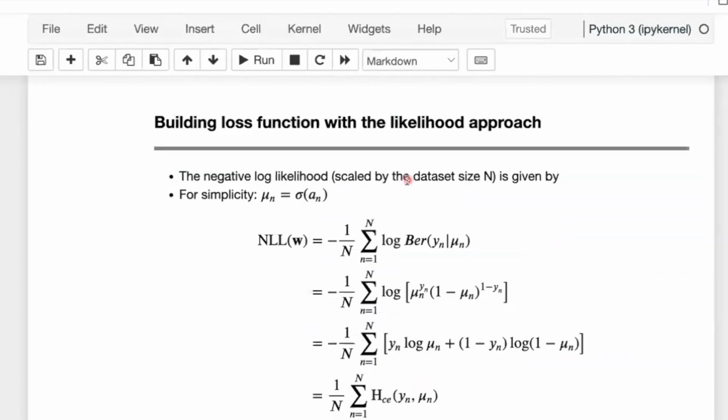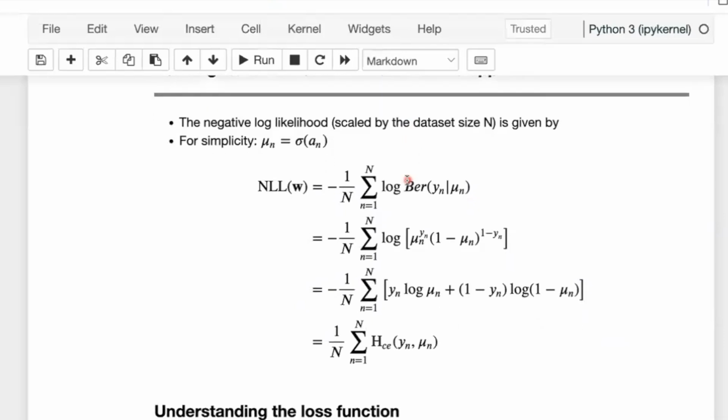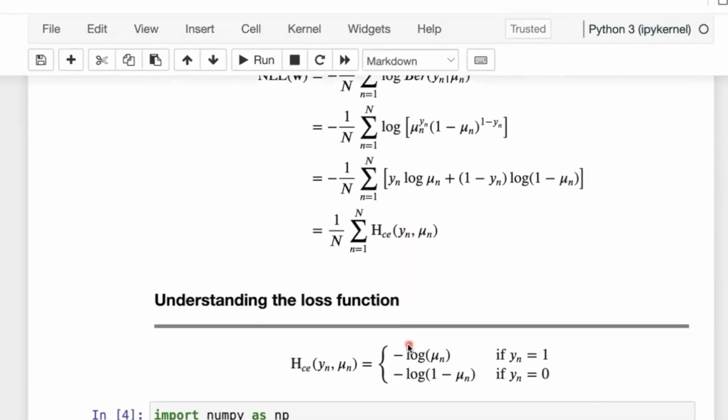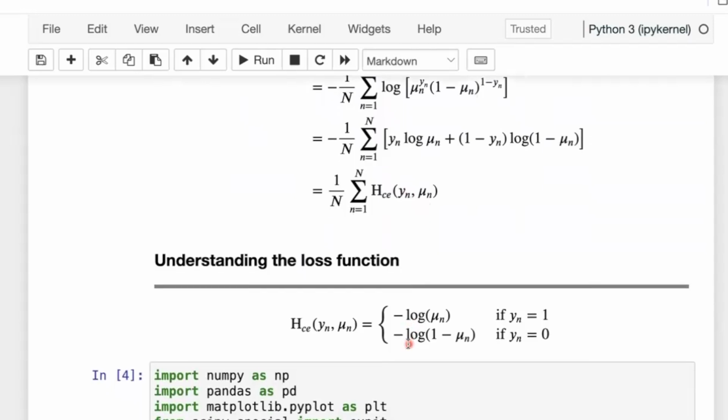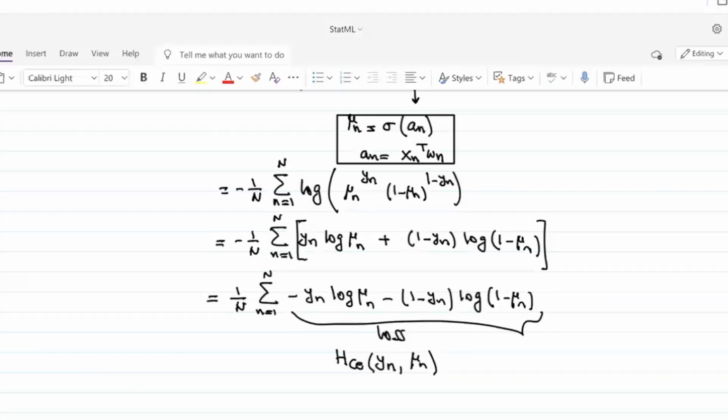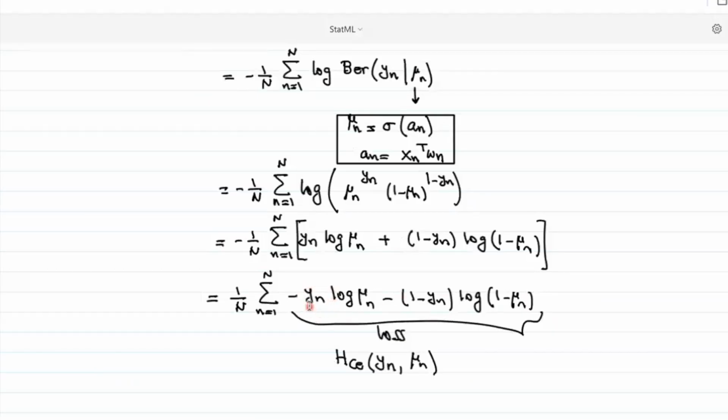So let's get back to our Jupyter notebook. So this is a summary of what we had. But what we really want to understand is what this loss function means or implies. So we can make this even simpler by just writing this as two if statements. So if yn equals 1, then from what we have here, we get negative log of mu n.